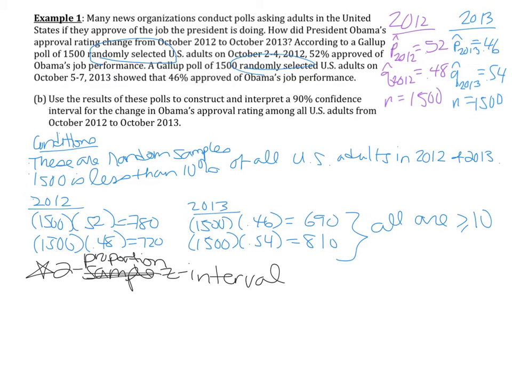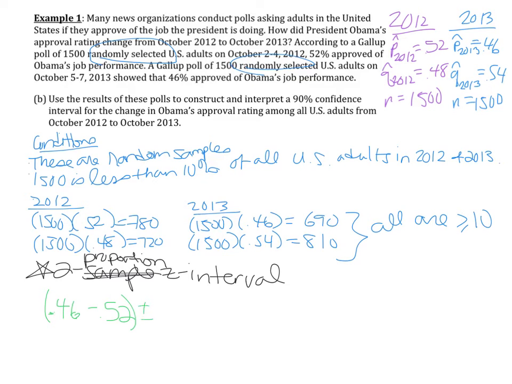So I'm going to do my 2013 first, which is 0.46, minus the 2012, which is 0.52. The reason I'm doing that is because I want to see if it increased or decreased. If I do the 2013 first, if it's positive, that means it was an increase. If it's negative, that means it's a decrease.